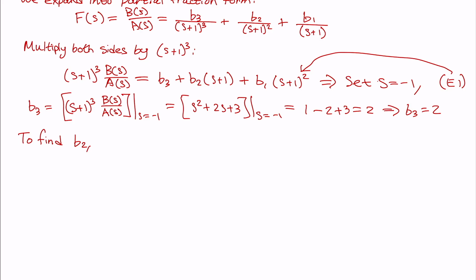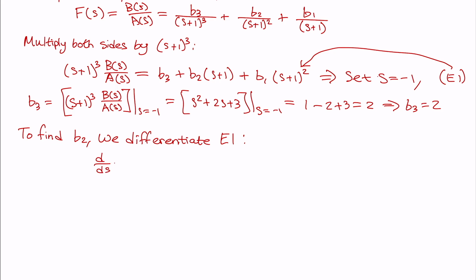we're going to differentiate that equation E1. This is going to give us d/ds applied to (s+1)^3 times B(s)/A(s), which is then equal to b2 plus 2b1 times (s+1).